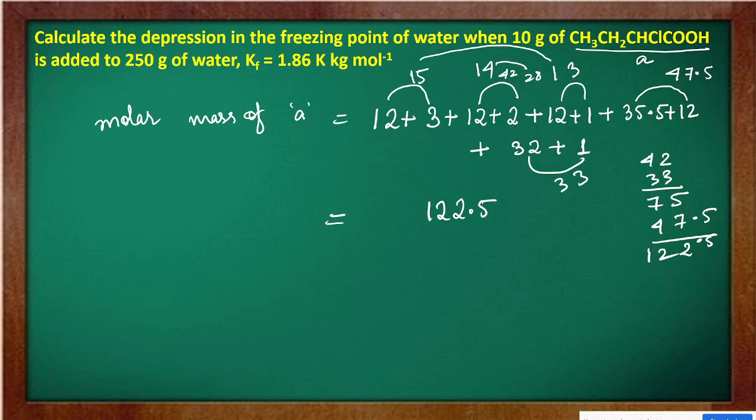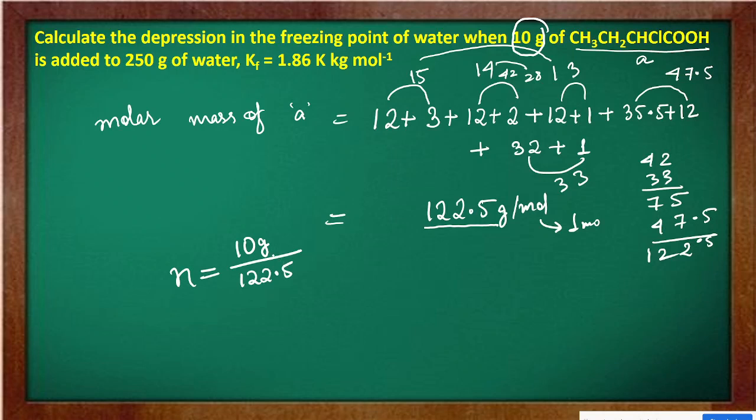So now we are to calculate the number of moles present in 10 gram. If the molecular weight is 122.5 gram per mole, it means that if you are taking 122.5 gram, then it becomes 1 mole. Then we have to calculate how many moles are present in 10 gram. So moles we calculate as given weight divided by the molecular weight, that is 122.5.